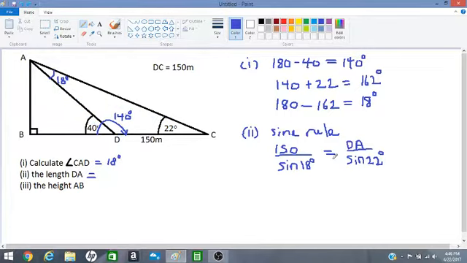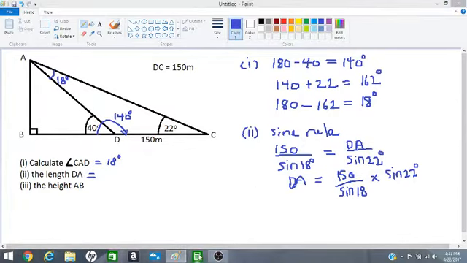Alright, so to work this out, we want to find DA. DA would then be equal to 150 over sine 18 multiplied by sine 22. We can obtain this by cross multiplication, and afterwards we divide. So let us work this out using our calculator.